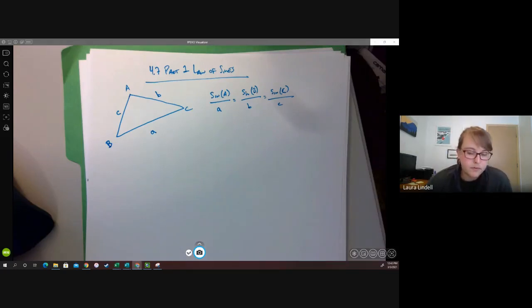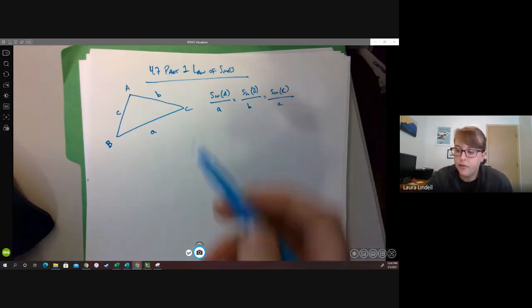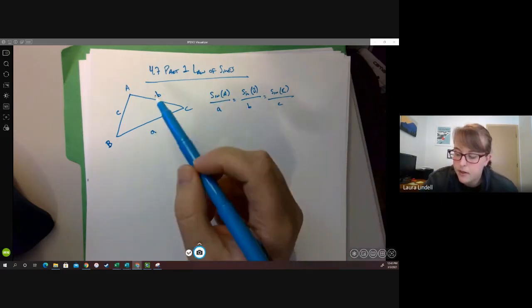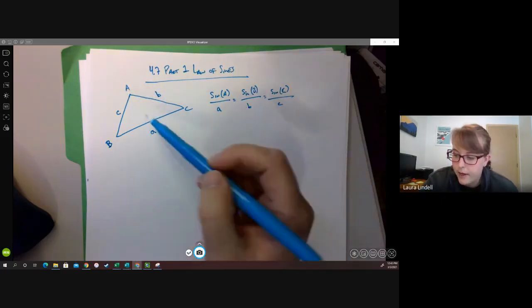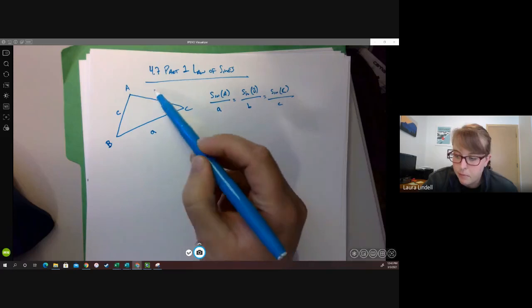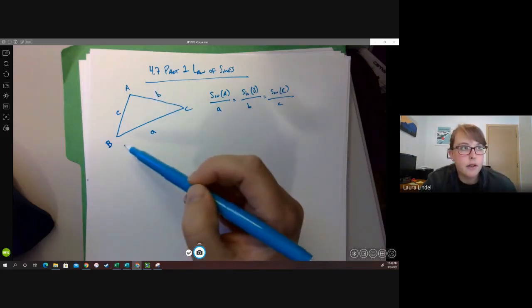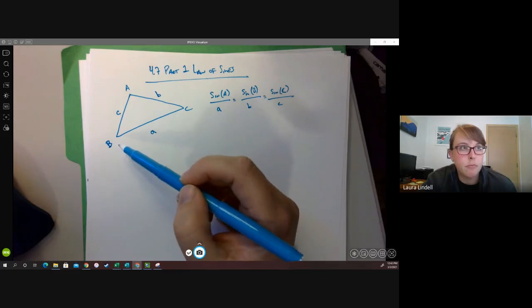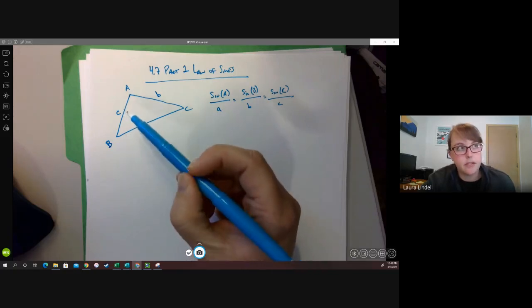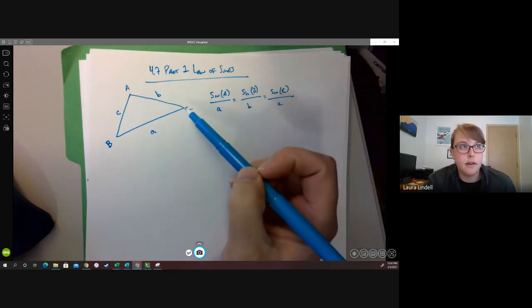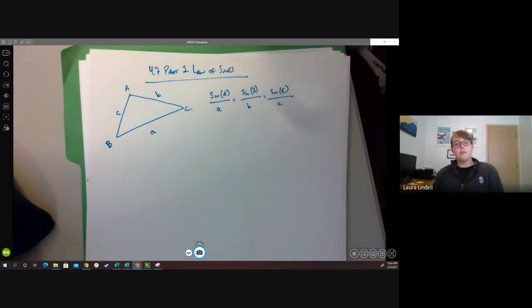So this can help us find pretty much every other measure in a triangle. If we know angle A and the side length A, and maybe we also know the side length B, we can use it to find the missing angle B. And then we can use that to find angle C. So the way we're going to be using the law of sines is to solve triangles.